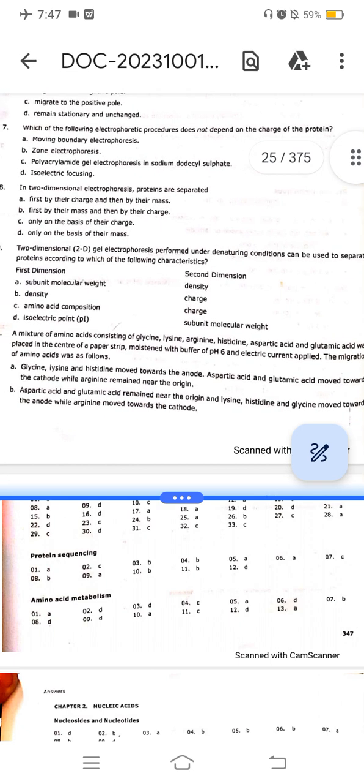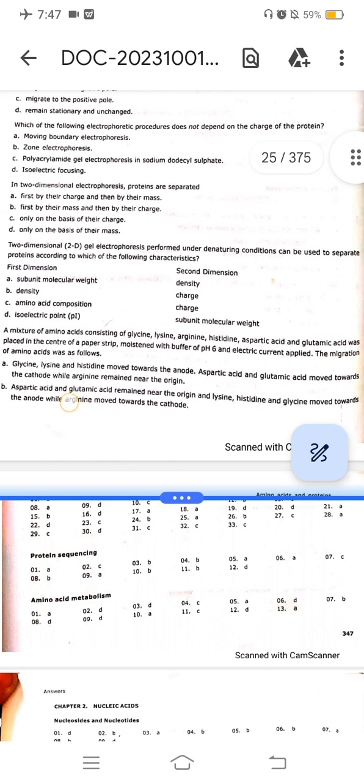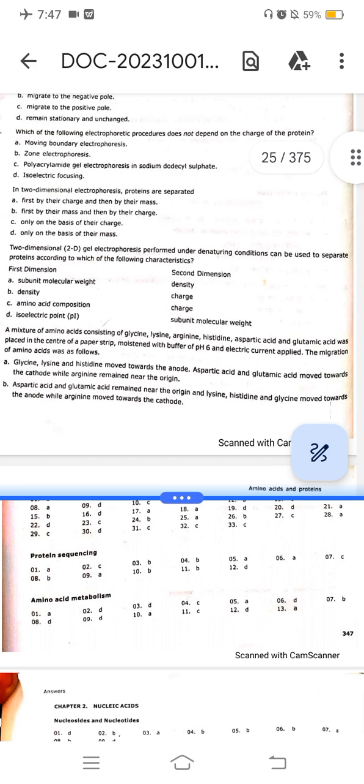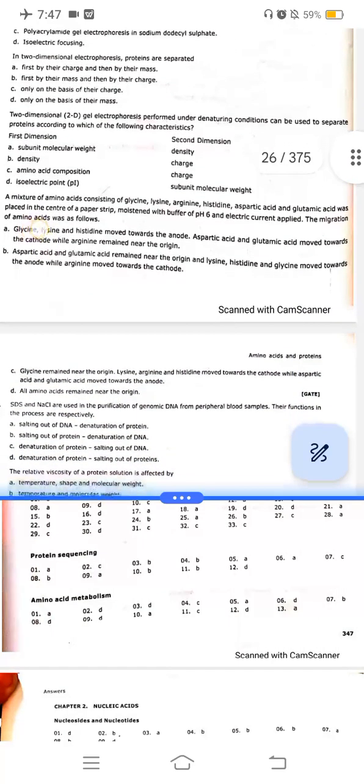And a mixture of amino acids consisting of glycine, lysine, arginine, histidine, aspartic acid, and glutamic acid was placed in the center of a paper strip, moistened with buffer of pH 6 and electric current applied. The migration of amino acids was as follows, like this.